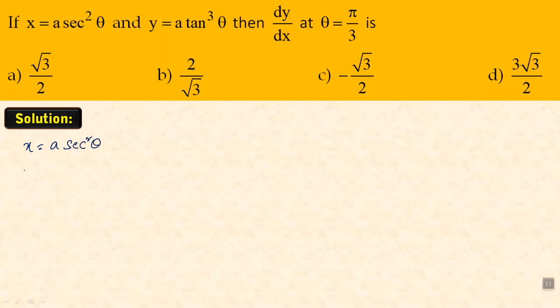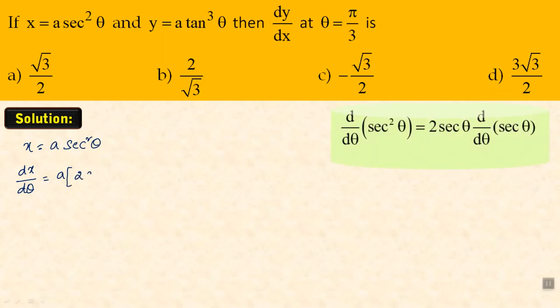Now differentiating with respect to theta on both sides, we get dx by d theta is equals to, here a is constant. Differentiation of secant square theta is 2 into secant theta into d by d theta of secant theta.